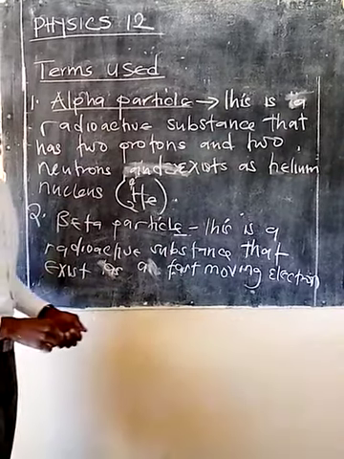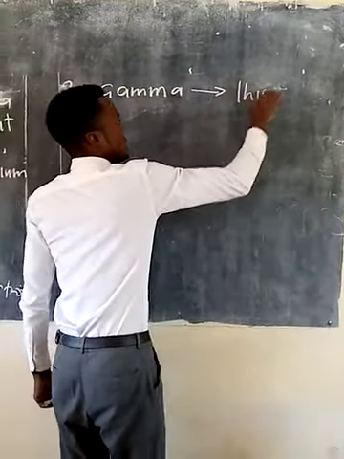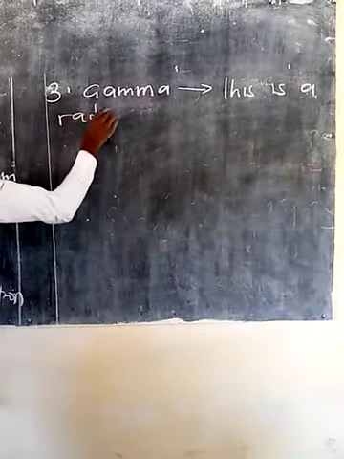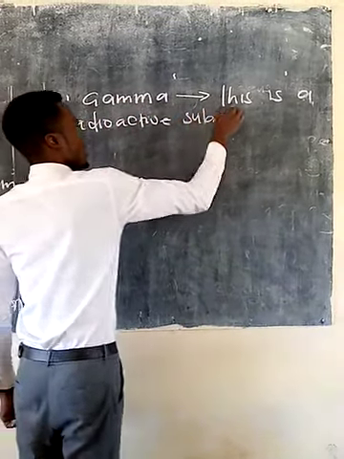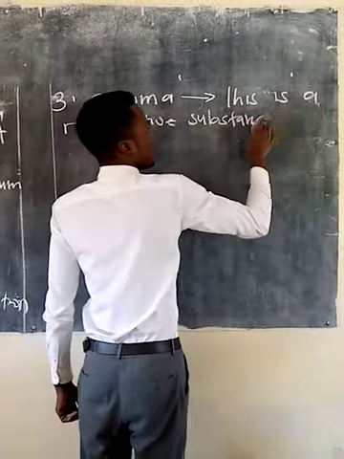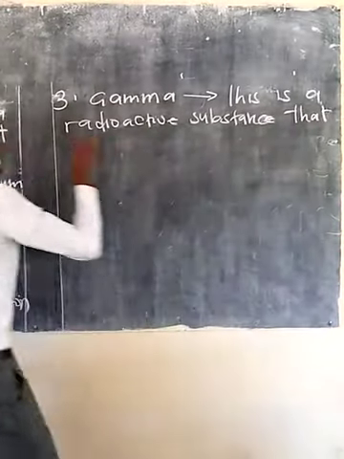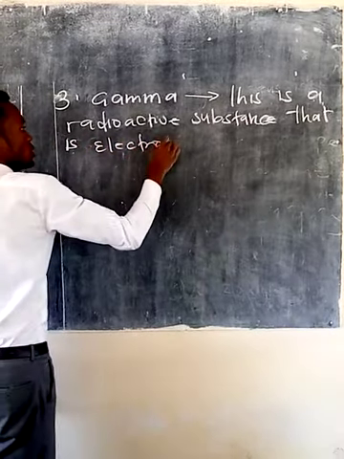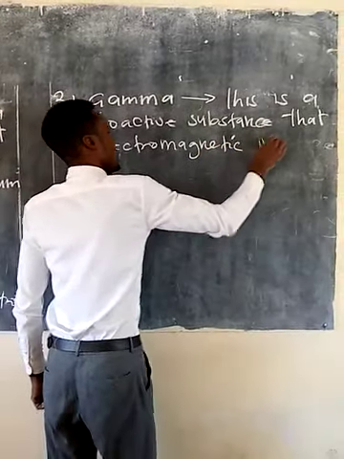Then the last one that we look at is the gamma ray. We can simply say this is a radioactive substance that is electromagnetic in nature.